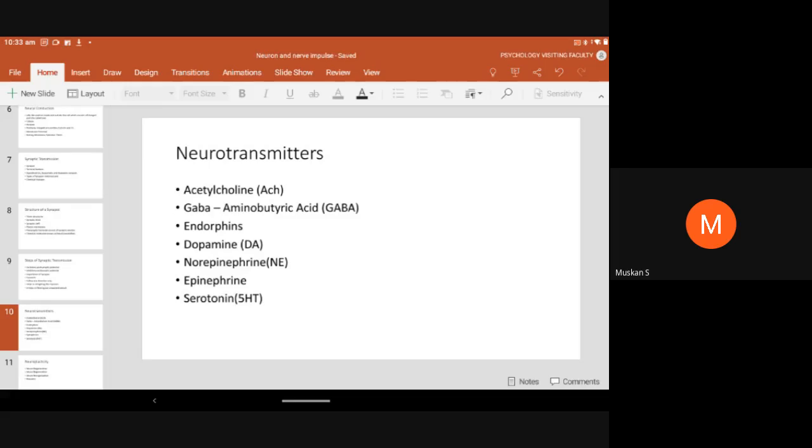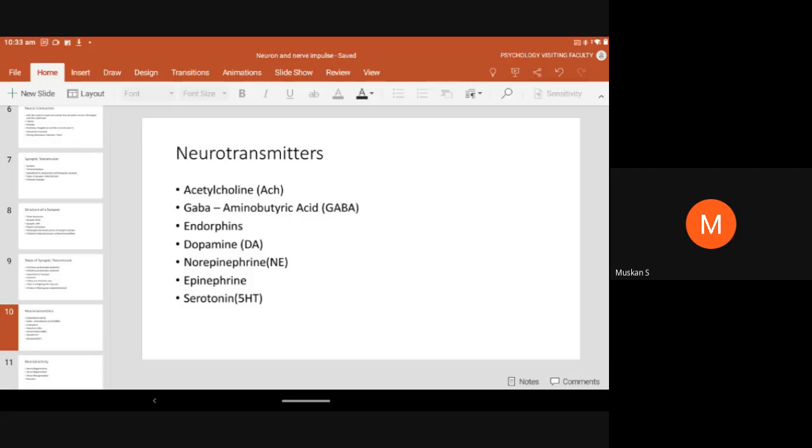Then comes dopamine or DA. So its function is to control voluntary movements of the body and affects things like attention, learning, reinforcement and pleasure.